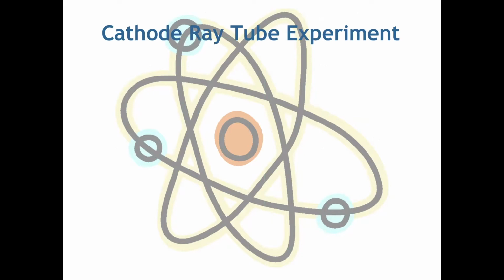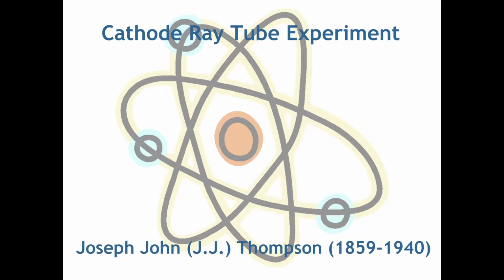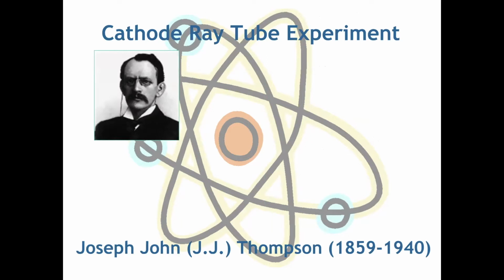He had what they call the cathode ray tube experiment. Now, this is the guy that brought that around, and that was somewhere in the early 1900s. This is what he looked like. Very distinguished looking gentleman.